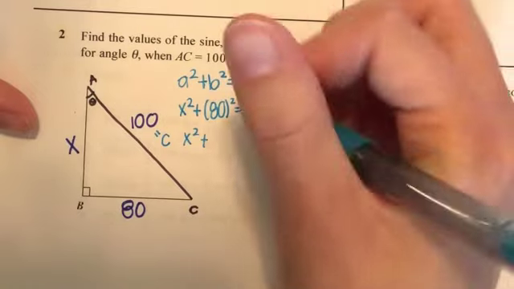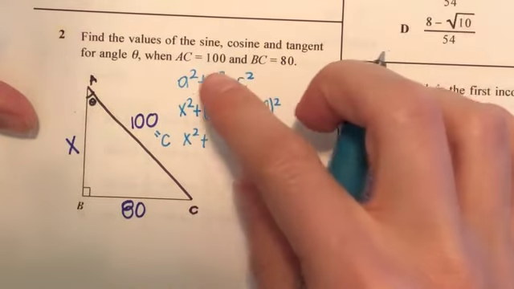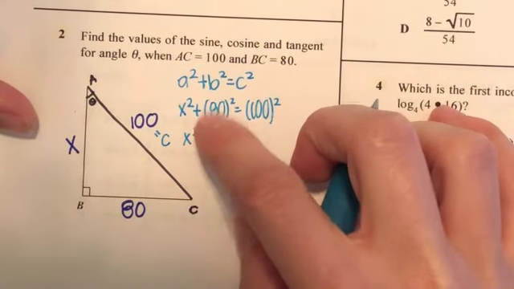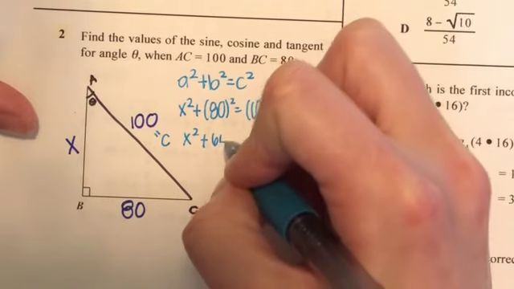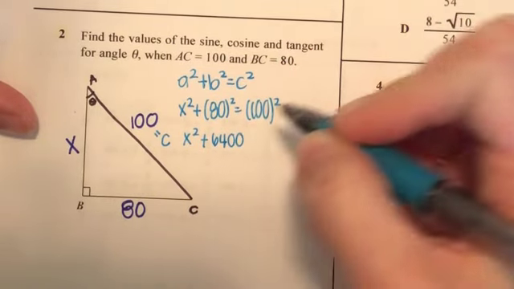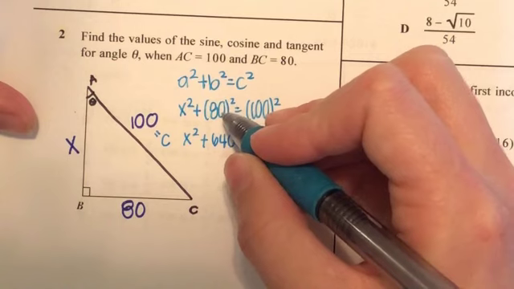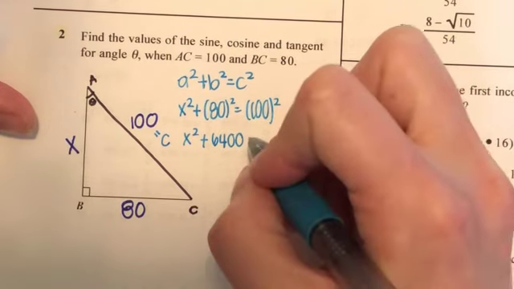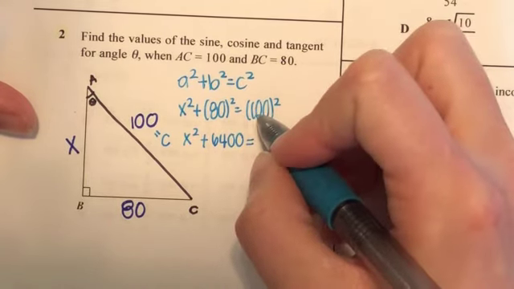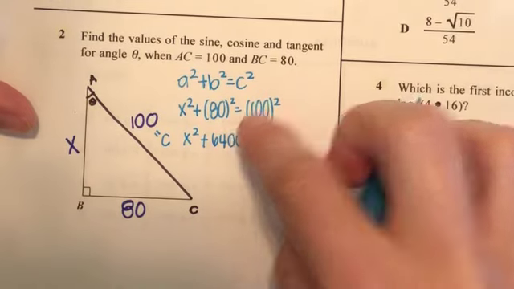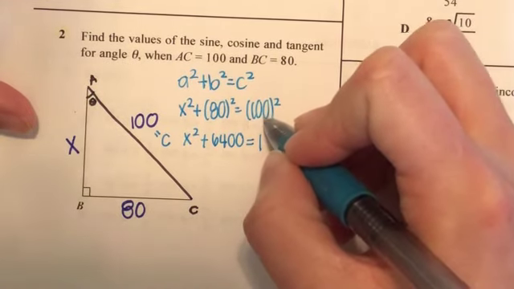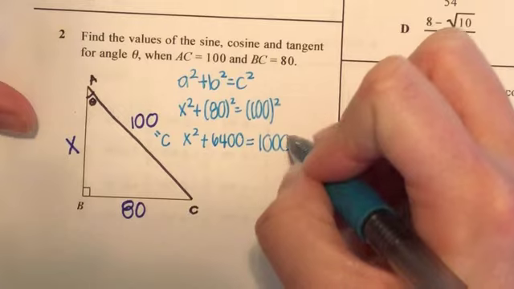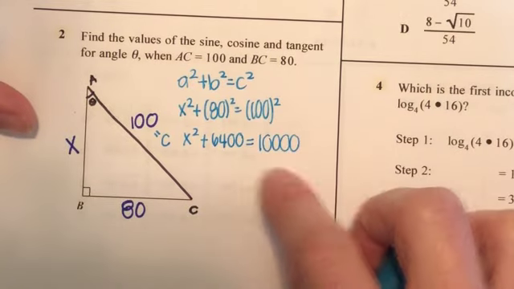that's 80 times 80. So what you could do with a shortcut is for 80 times 80, just do 8 times 8, that's 64, and then tag on 2 zeros. Since with 10, when you square it, it'll give you the 2. And then 100 squared, just do 1 squared, which is 1, and then 2 zeros, but when you square, it'll double the 0, so a total of 4 zeros.